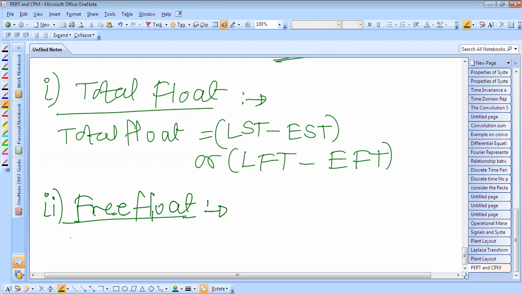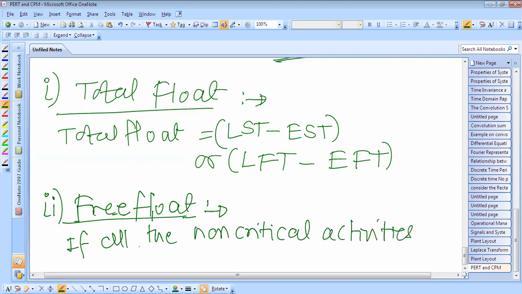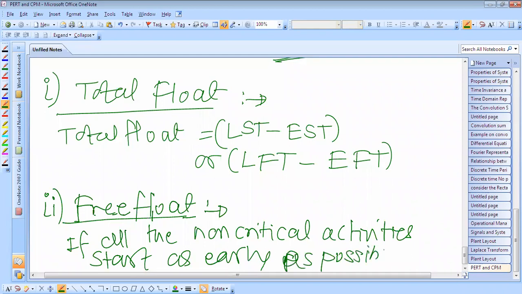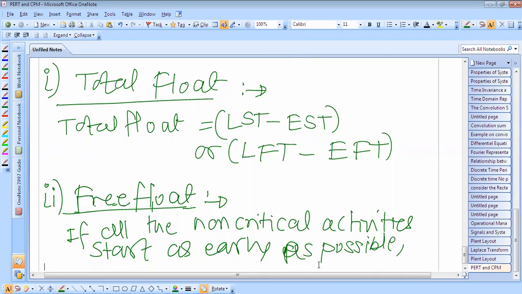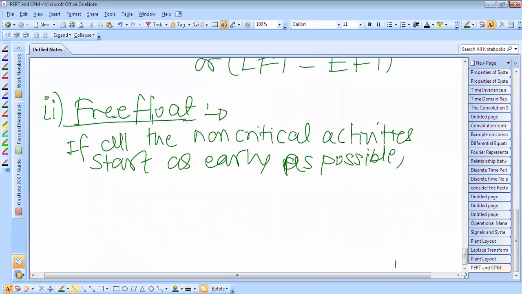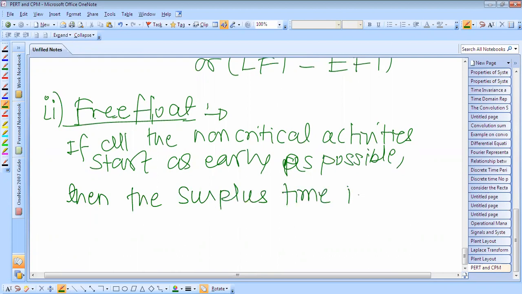If all the non-critical activities start as early as possible, then the surplus time is called free float.